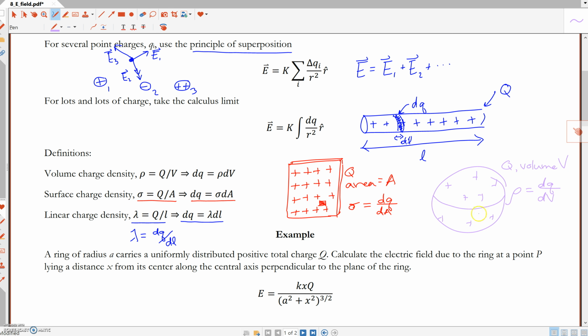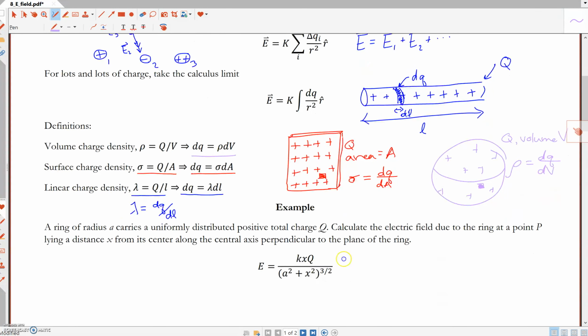I've never been able to draw a little itty bitty sphere inside of another one, but you can imagine it's kind of like that. Okay, and we'll see what we're going to do with an example. So we have three ways of writing what this dq is depending on the situation we have. Are we dealing with a volume, a surface, or a line of charge?